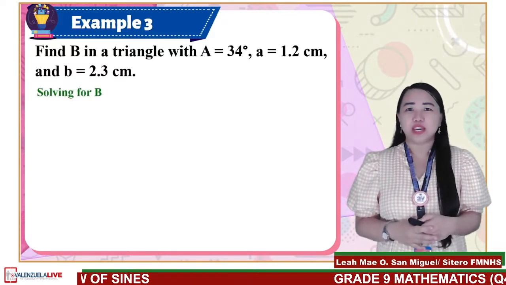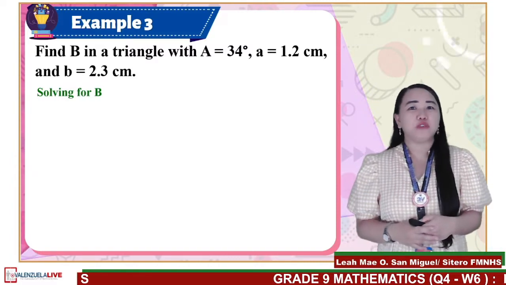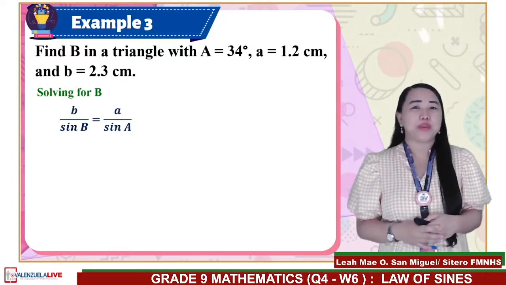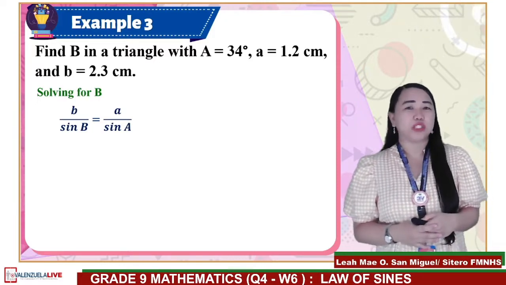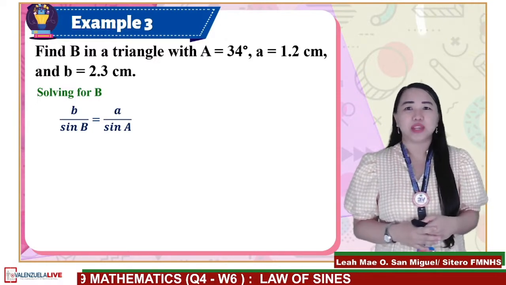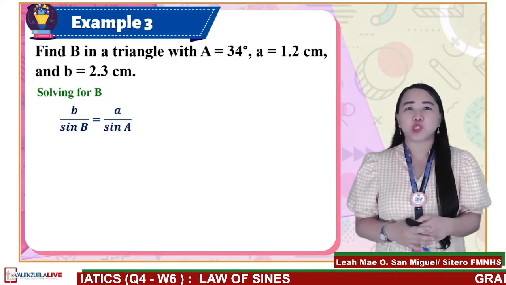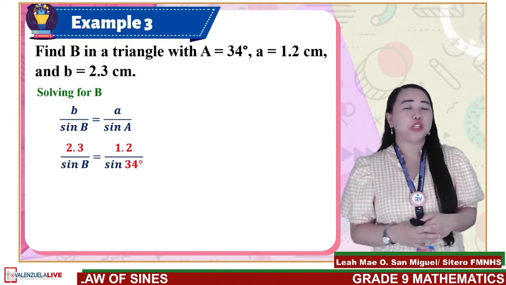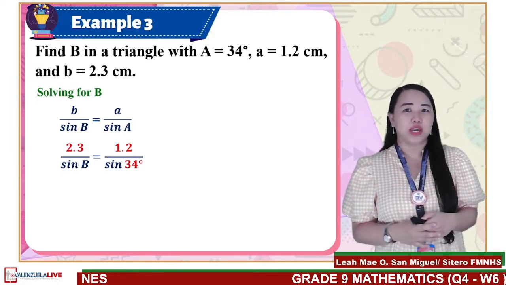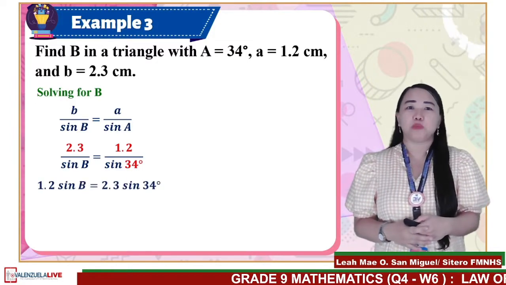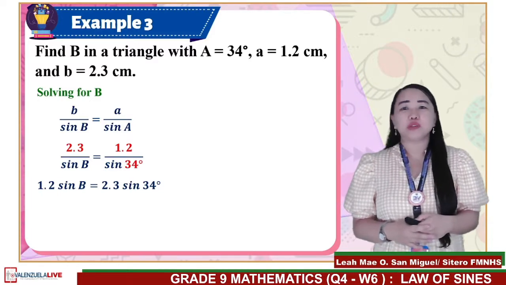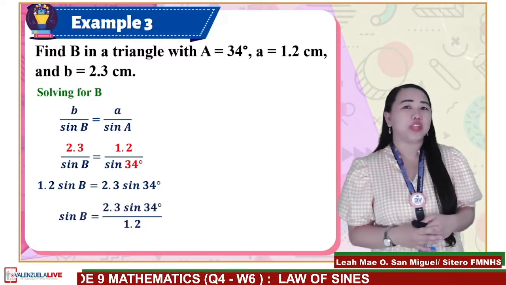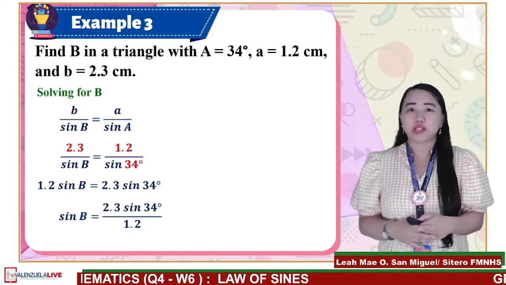To solve B, use the law of sines involving the ratio with the unknown angle B. That is, b over sine B is equal to a over sine A. Substitute the needed values, we have 2.3 over sine B is equal to 1.2 over sine 34 degrees. By cross multiplication property and dividing both sides by 1.2, we get sine B is equal to 2.3 times sine 34 degrees over 1.2.